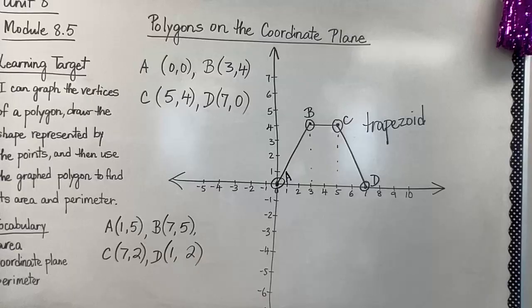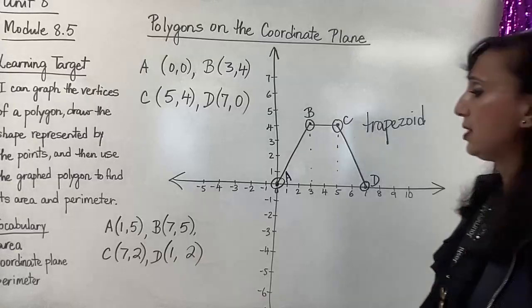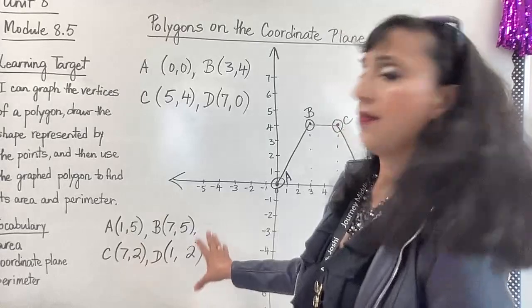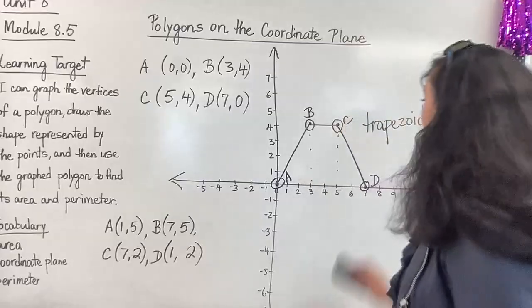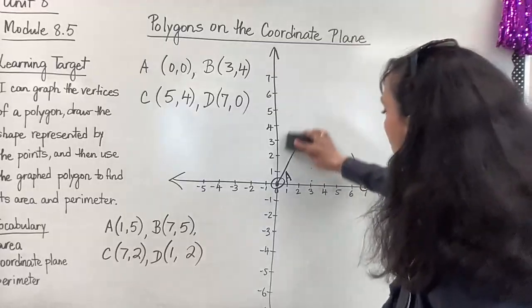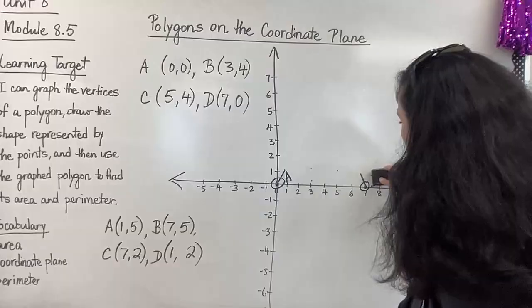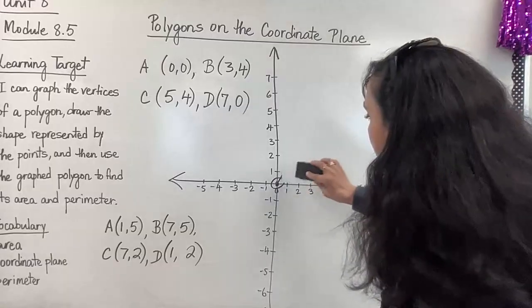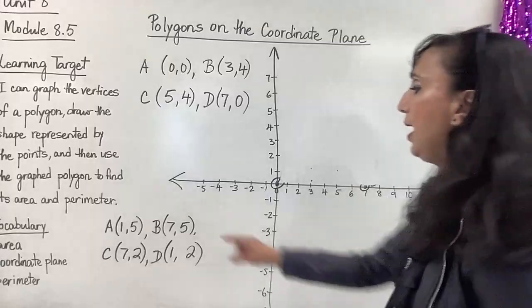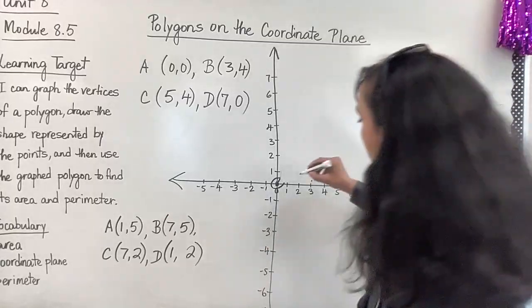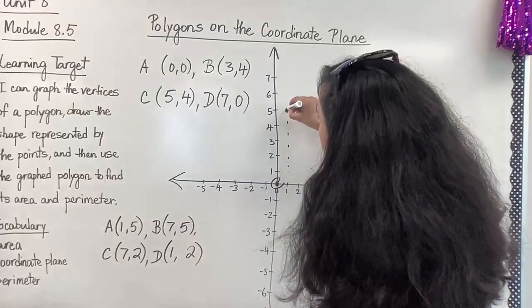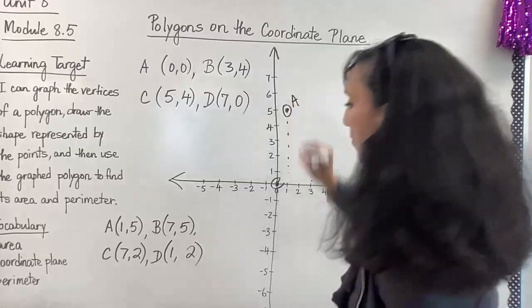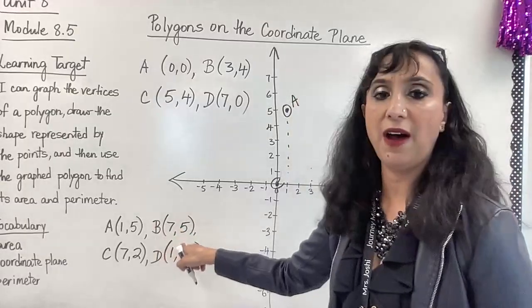I have another set of ordered pairs that I have written over here, and I am going to graph these out to see what kind of polygon I am creating. A is 1, 5. So this is 1 and here is 5. So this is A. B is 7, 5.